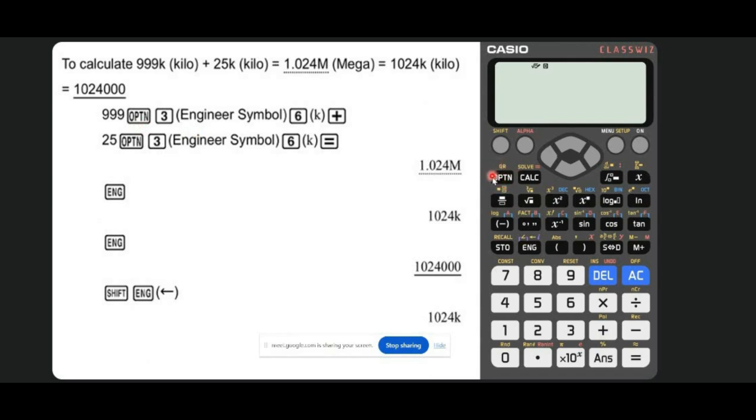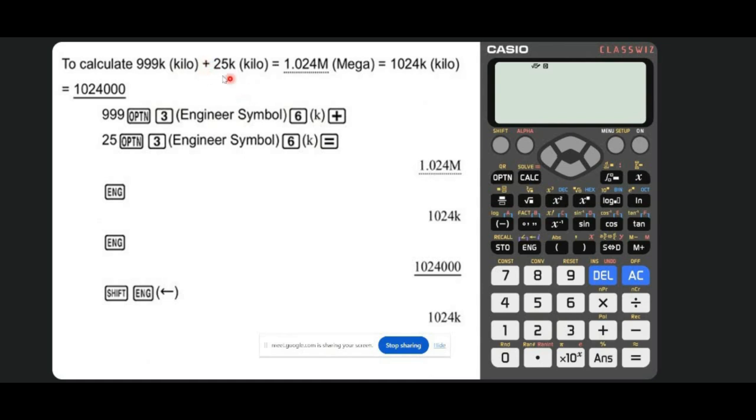OPTN is here, under the shift, the first button under the shift. You press OPTN and then you choose number 3, the engineer symbol. And then you press 6 for kilo. Because the unit is kilo, so you need to choose 6 for kilo.